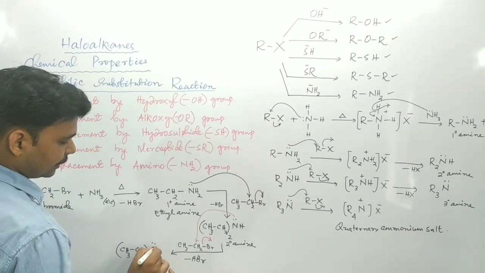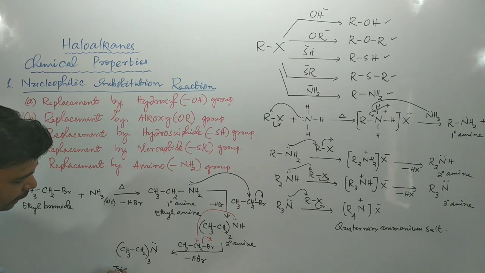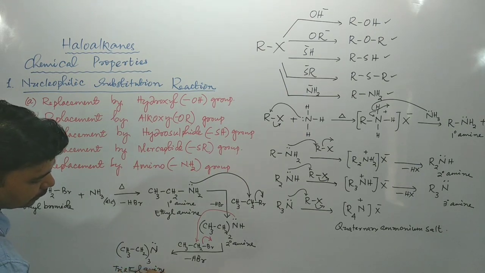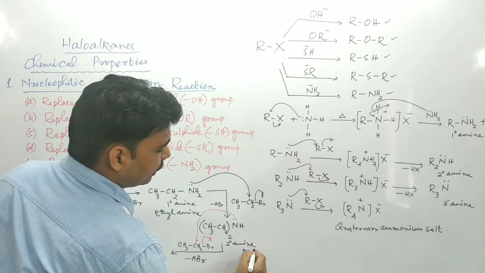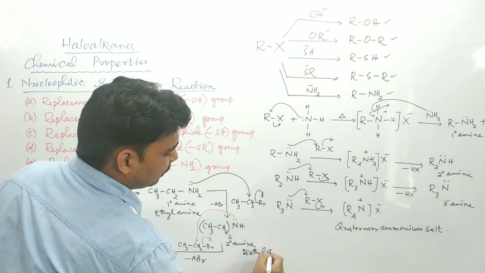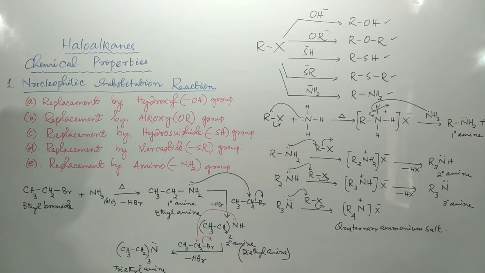So we are getting this tertiary amine. This is called a tertiary amine, but what is the name? How many ethyl groups are there? 3. So triethylamine. This is diethylamine. This is triethylamine, this is diethylamine.